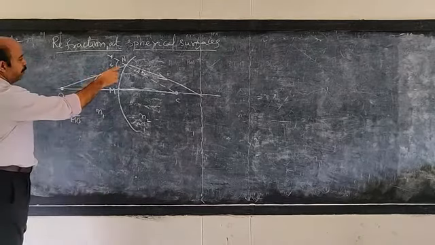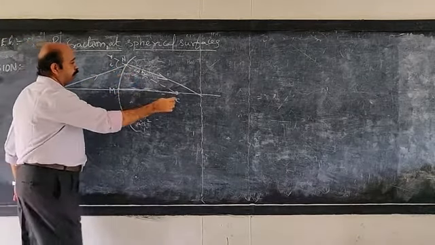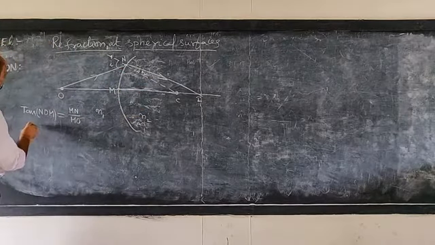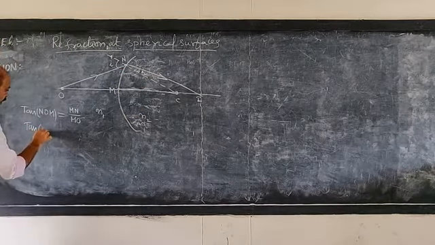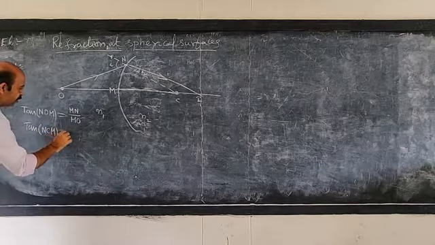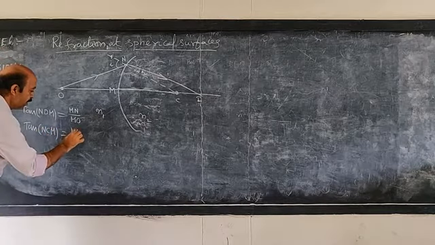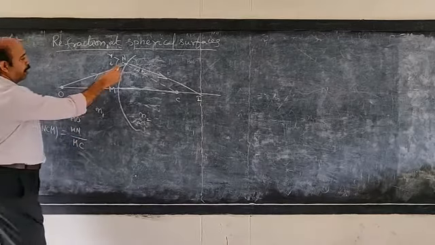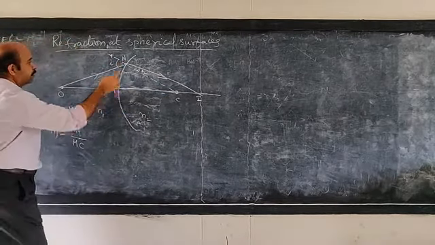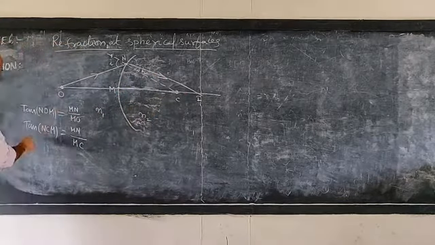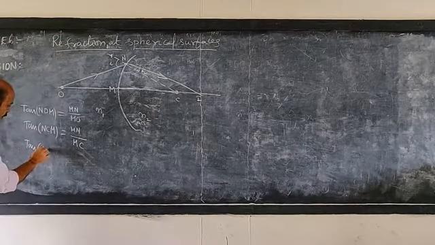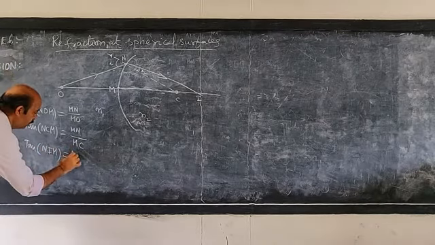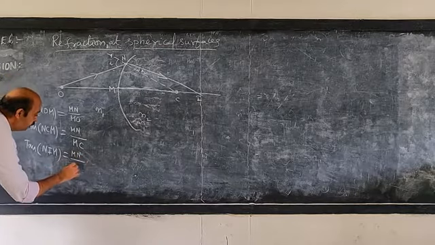Similarly, if I take this triangle, here this is the image I. So tan of NCM is again MN by MC. Similarly, angle NIM: tan of NIM is equal to MN by MI.